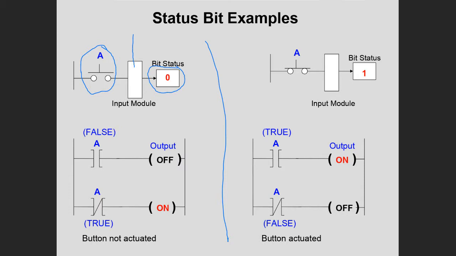So I'm using the examine if closed instruction. It's looking for a 1. It sees a 0, so it's false. But down here on the same program, I have it look at switch A. It sees an open. It doesn't really look at the switch. It looks at the effect of the switch over here. So it's not looking at this.